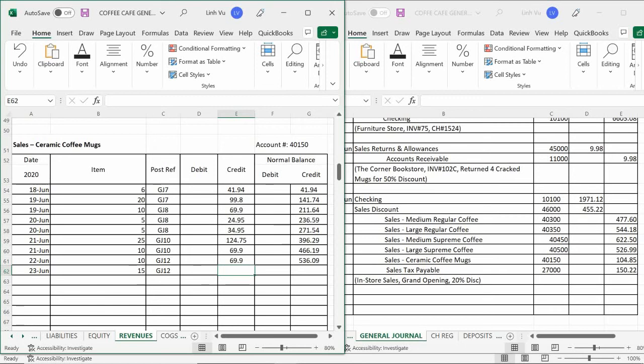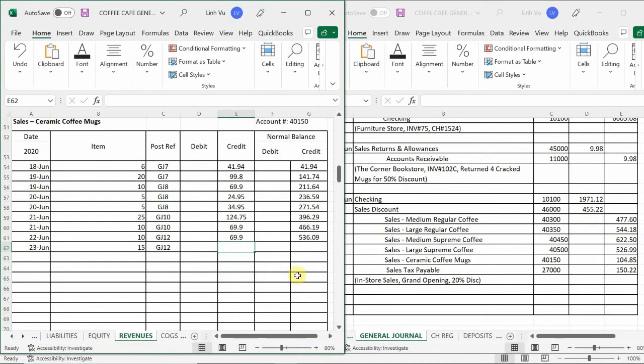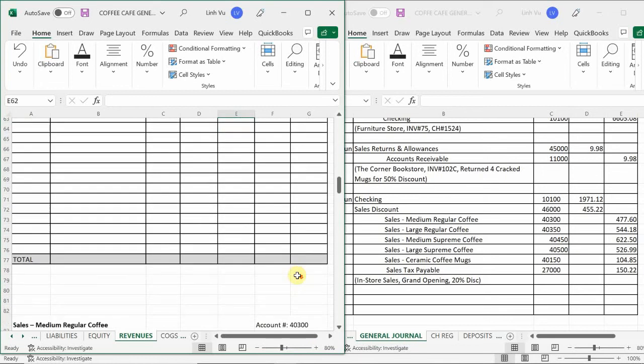Are you working on the journal or the ledger? Um, the journal. I mean the ledger, but it was the previous coffee, the supreme one.